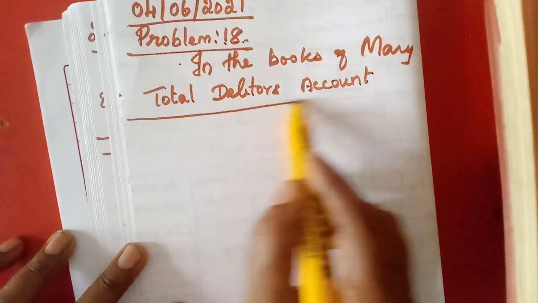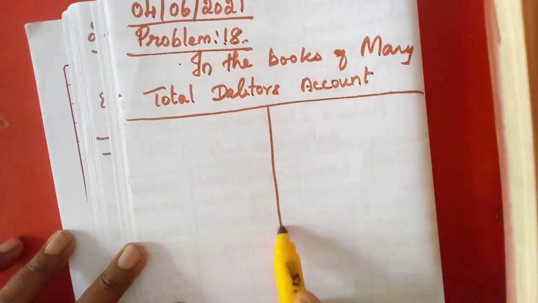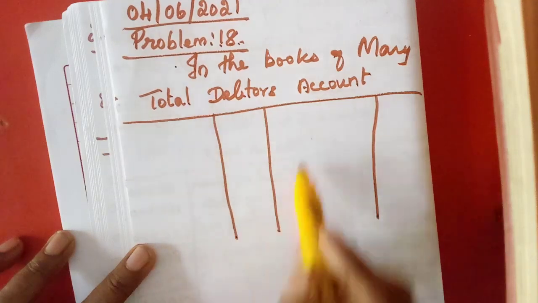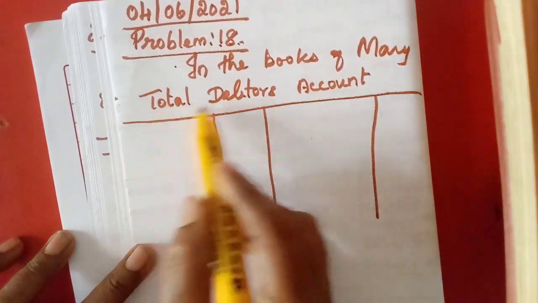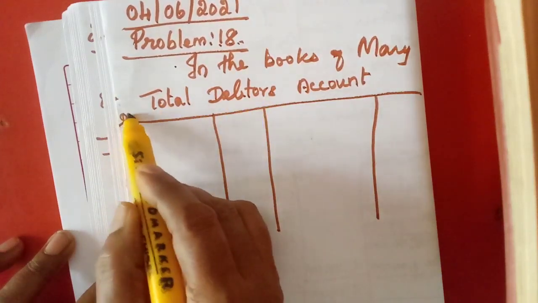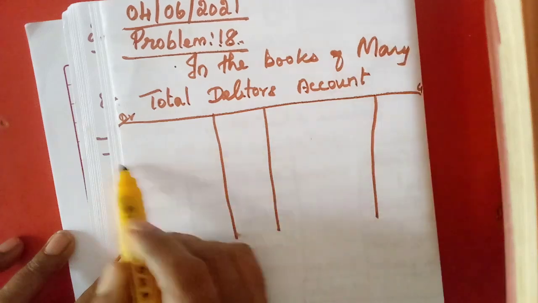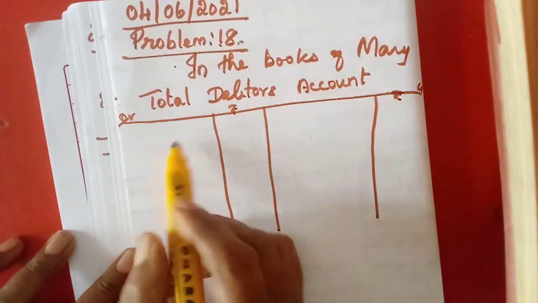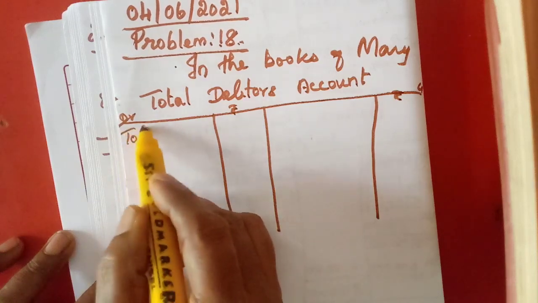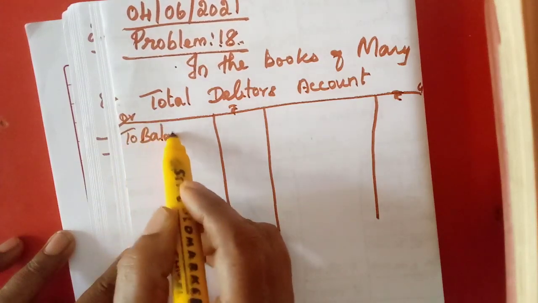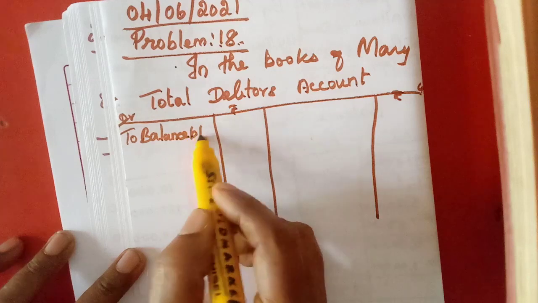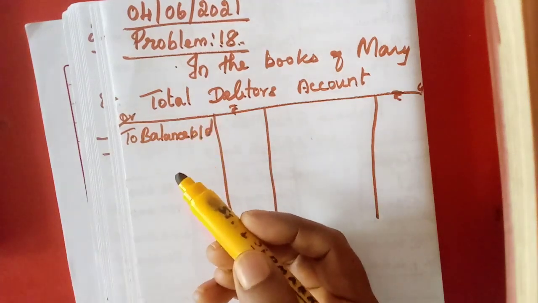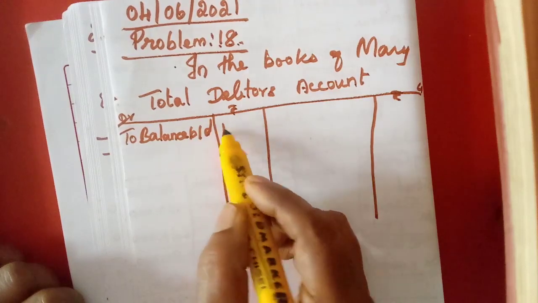Both the pages you should use. Debtors account shows here debtor, the last creditor you should write. Then rupees. To balance brought down, opening balance 1,30,000.